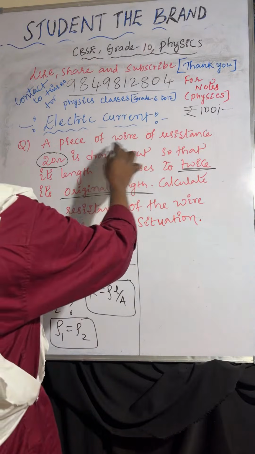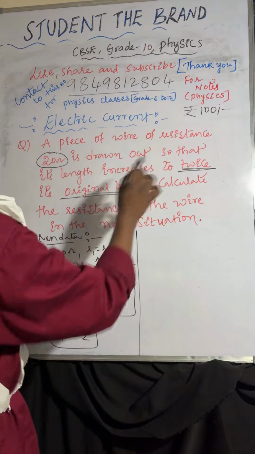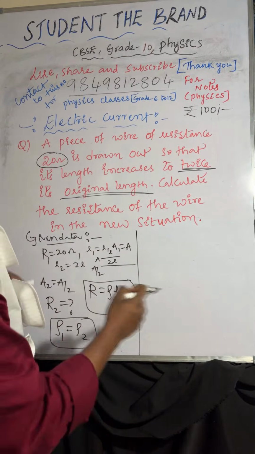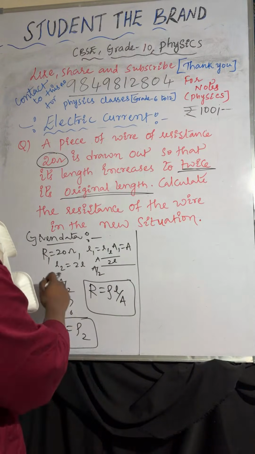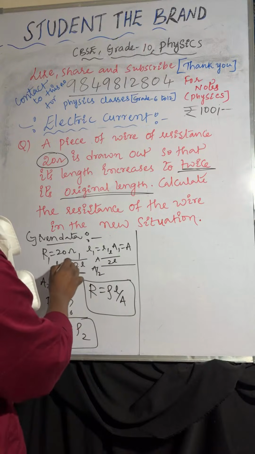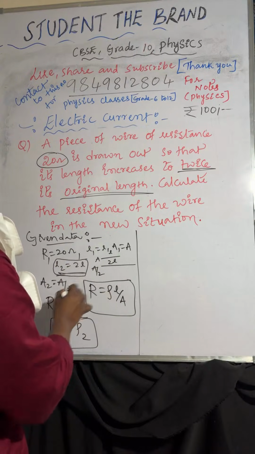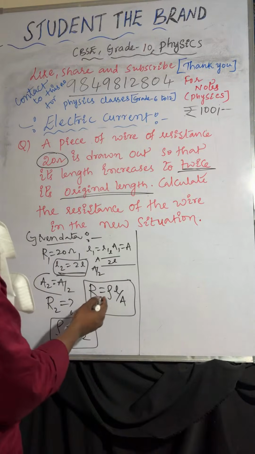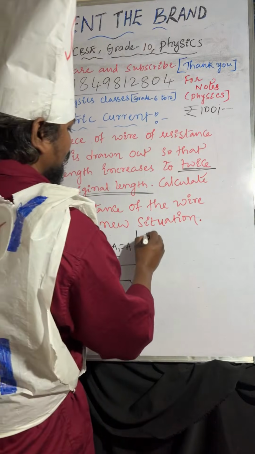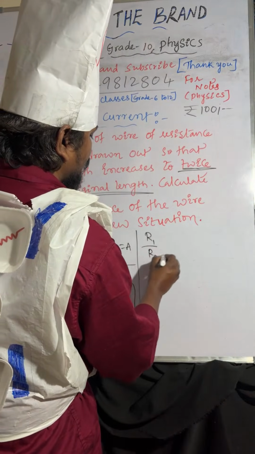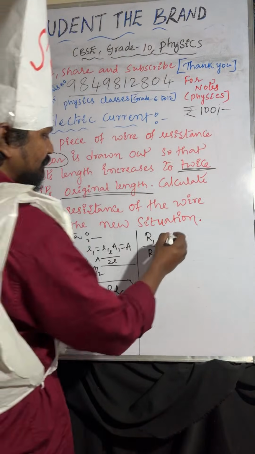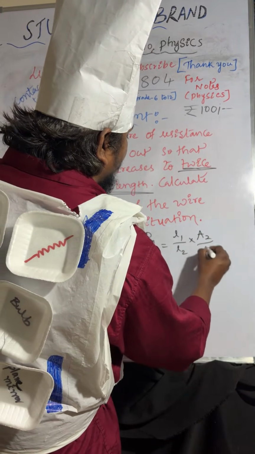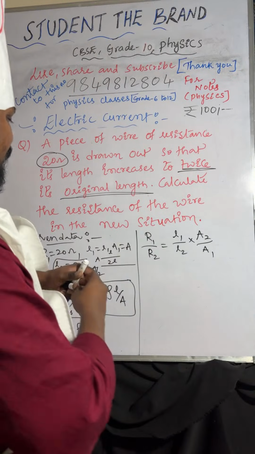So R1 equal to 20 ohm, L1 equal to L, initially A1 is A. After drawing out, length increases twice and area decreases to A by 2. Then R2 we have to find out. R1 by R2 equal to L1 by L2 into A2 by A1.